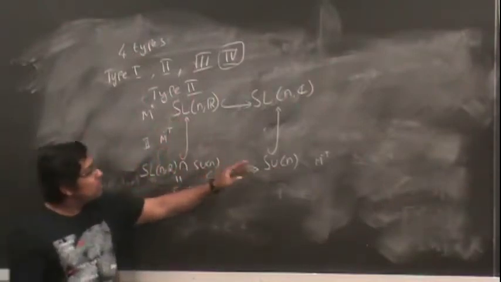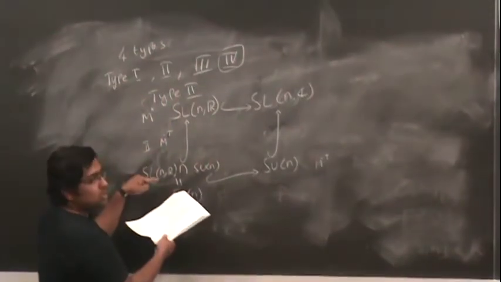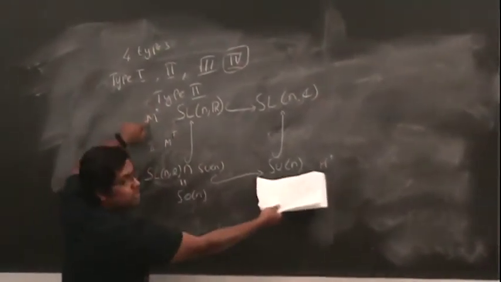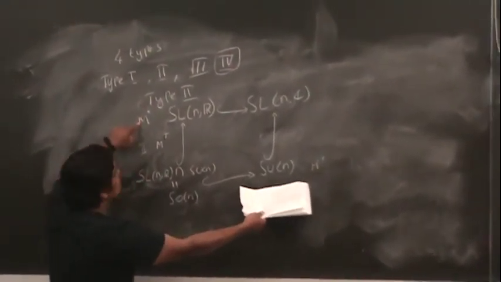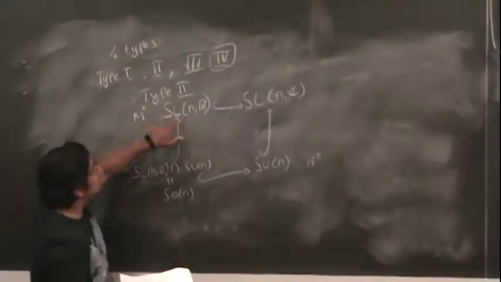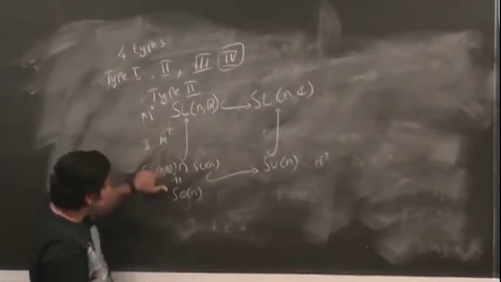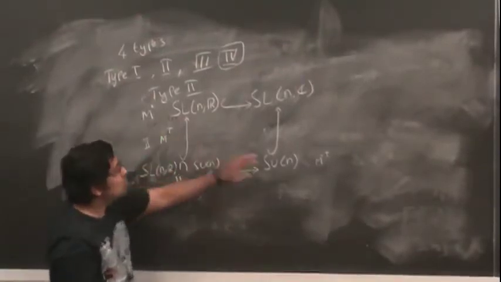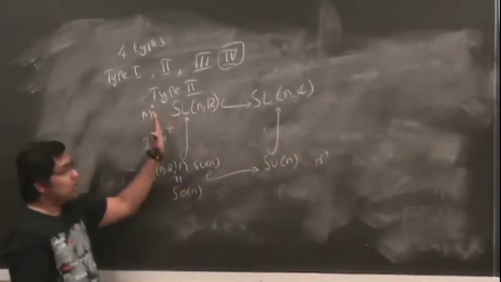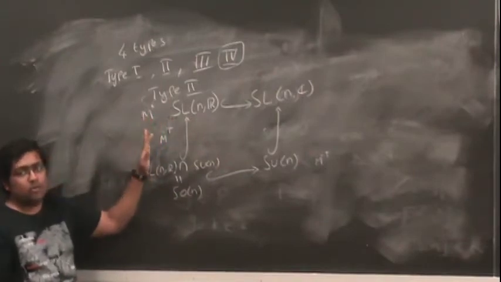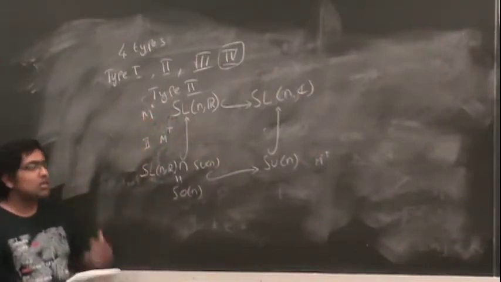Because it's the intersection of these, this is invariant under both of these conjugations. We have already seen that this is invariant under this, so there's no point in using this again because both of these are invariant under that. Use this conjugation on this. That's how you obtain a type 2 Cartan decomposition.